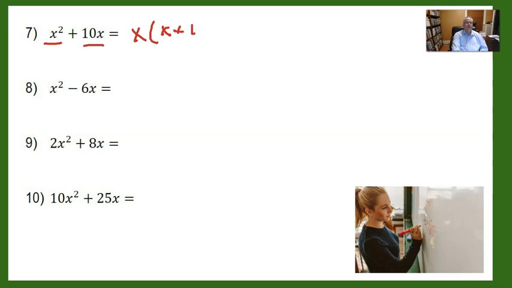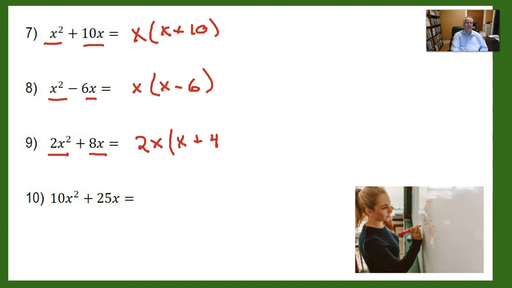And I need a plus 10 here to give me the 10x. x goes into both of these, so we can write this as x times x minus 6. Right, this is getting really tricky. And x goes in both of these, but so does a 2. So we can write this as 2x times, well, to get 2x squared, I need another x. To get 8x, I need to multiply 2x by 4.